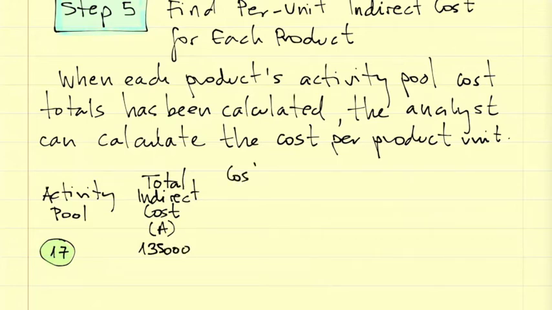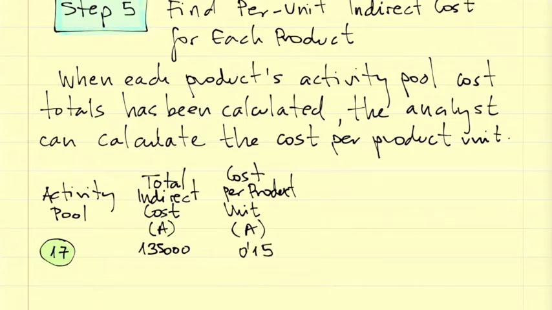We have the cost per product unit of product A, which is 0.15.